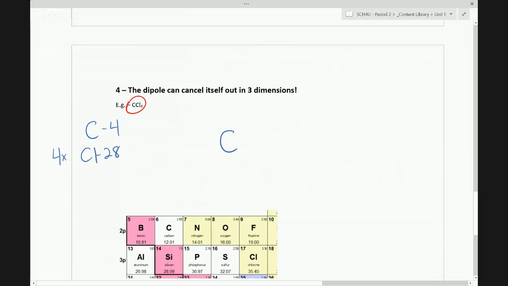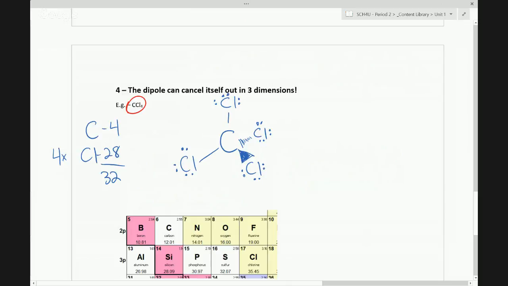And just to do it quickly for you, what we end up with is a structure that looks like this, all single bonds and lone pairs, because that works out to 32 electrons, which is what we're supposed to get.